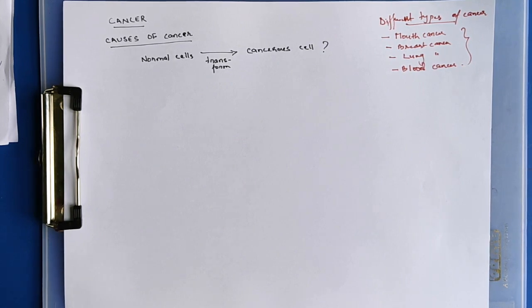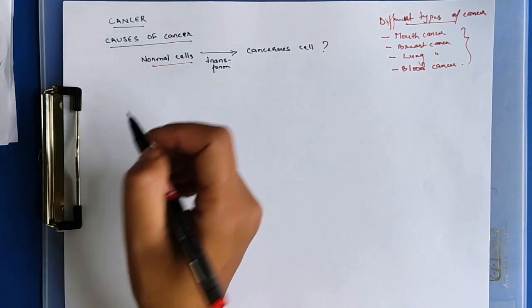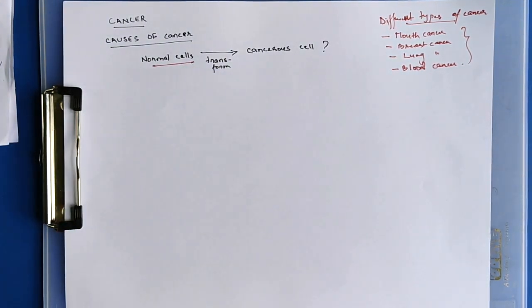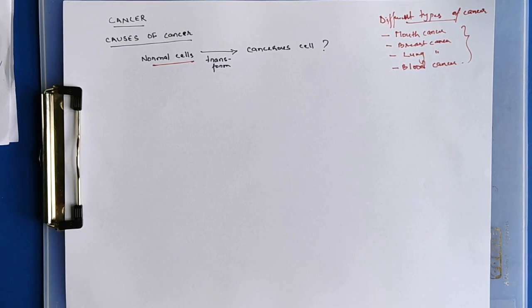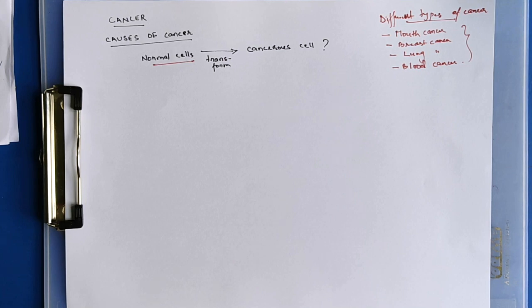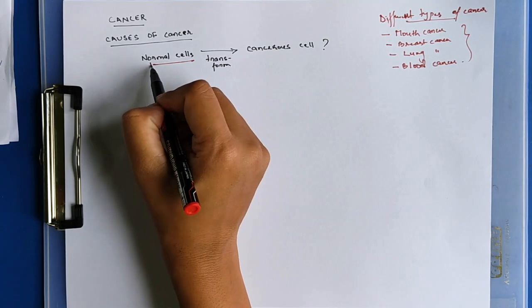Now, causes of cancer. Normal cells undergo cell division, grow, divide, proliferate, and differentiate to form certain tissues which perform specific functions, and after some time when they become old they die.